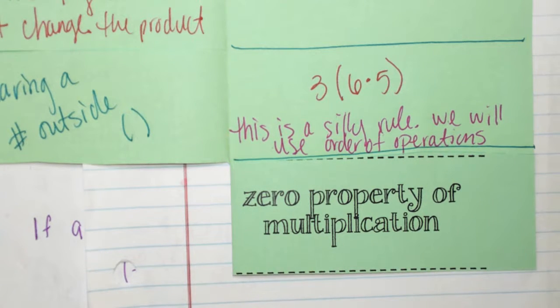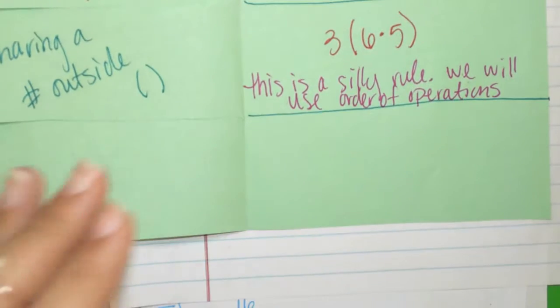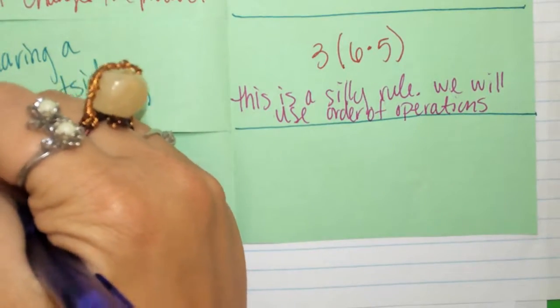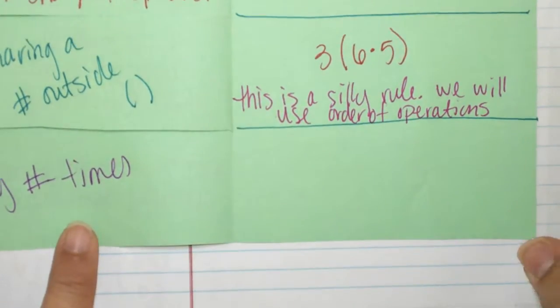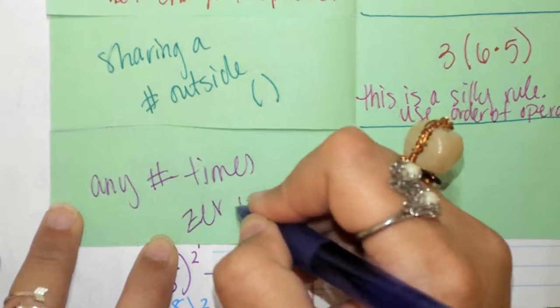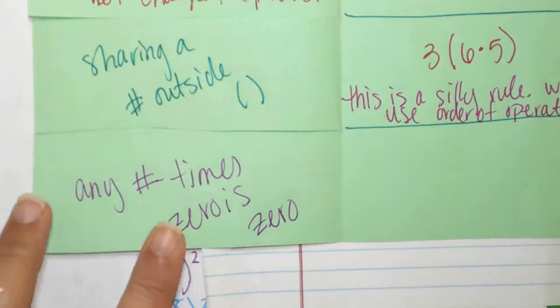And the zero property of multiplication. What do you think the zero property of multiplication is? Any number times 0, 0. Take a point. Any number times 0 is 0.